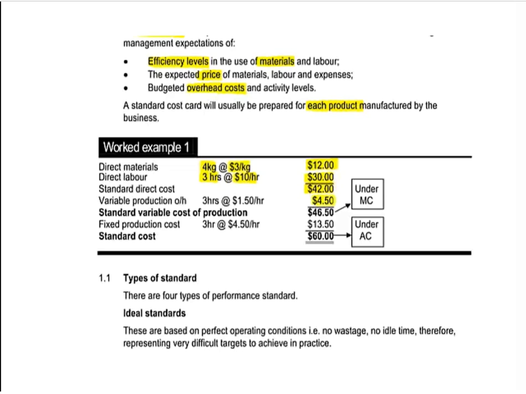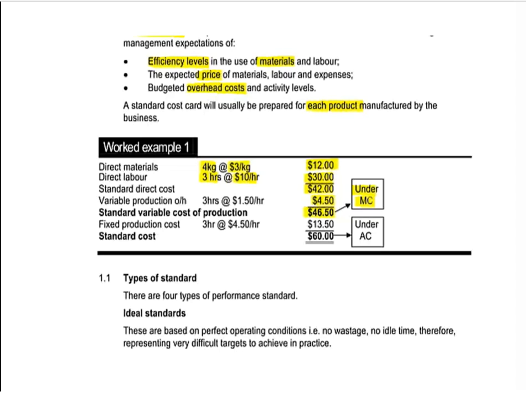And we've also got some variable overheads then. So the variable cost of producing the product is $46.50. And that is the production cost of 1 unit under marginal costing, because that is the extra cost to produce 1 extra unit.